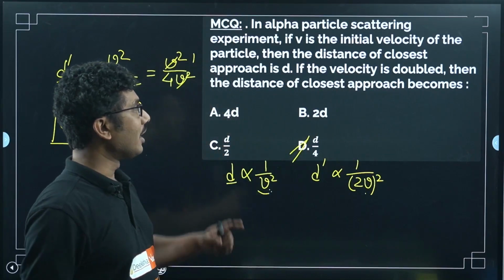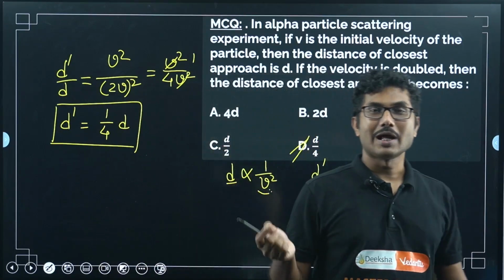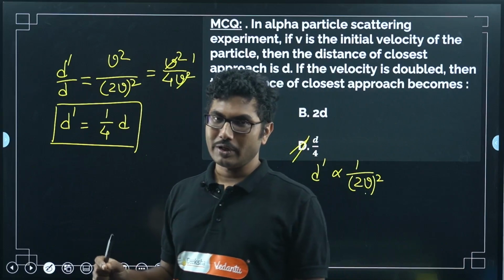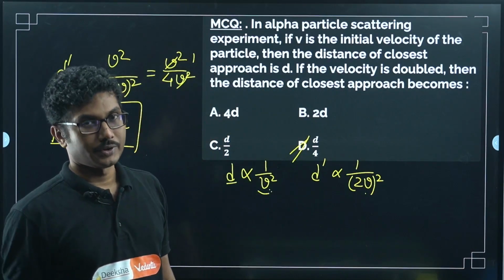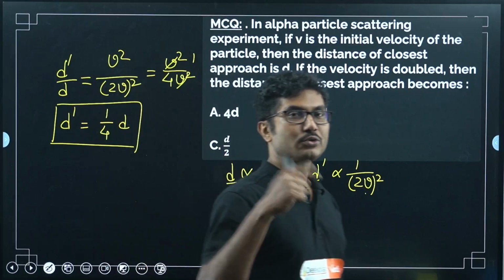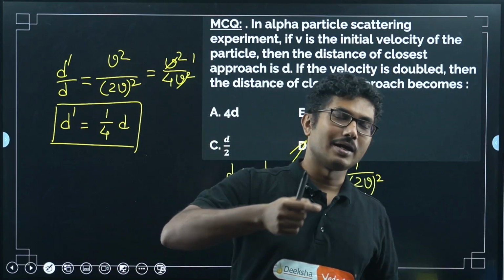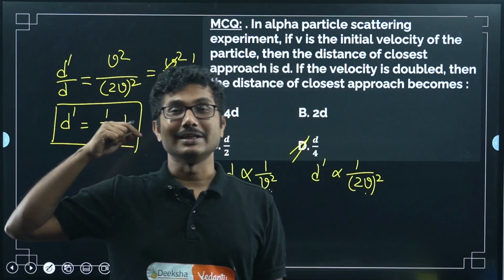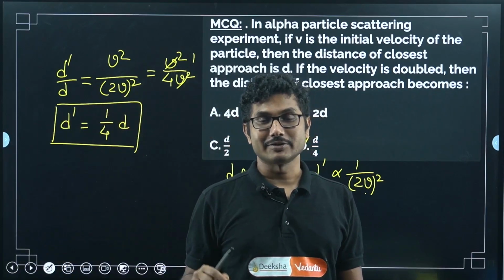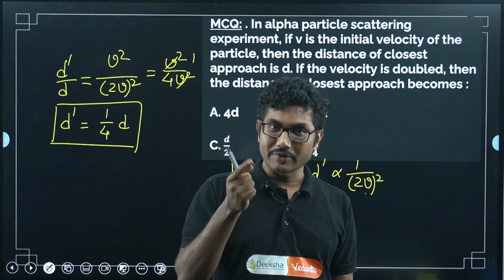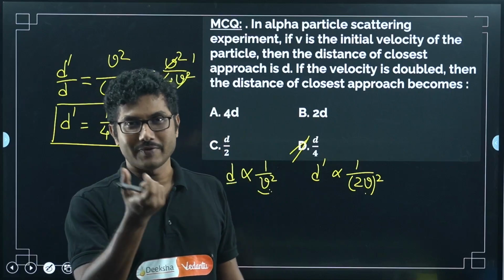Next time if they say the velocity is tripled, then it will be 1/9. If the velocity is halved, then it will be 4 times. Whatever they are saying, you have to square it and then invert it. If velocity is increased by twice or thrice, the distance of closest approach becomes 1 by the square of that value.